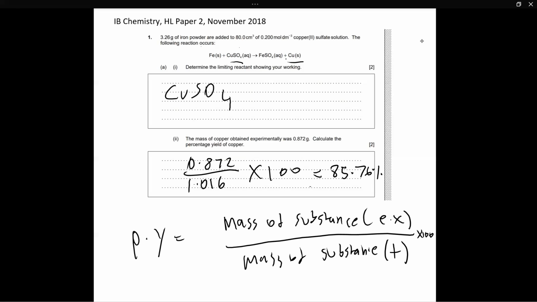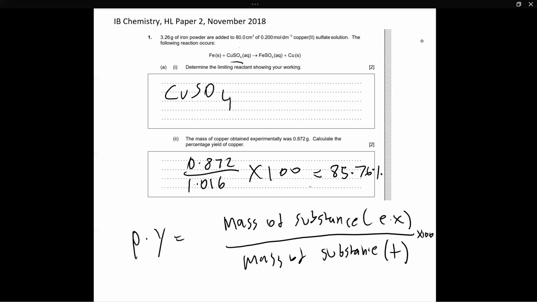And why is it necessary? Why do we calculate percentage yields? What's the purpose of this? Now, I want you to imagine yourself being a person who works in the chemical industry where you manufacture a certain amount of chemicals, and you're a businessman, right? You want to make a lot of profit, and in order to make a good amount of profit, you need to reduce your expenditure during the manufacturing process.